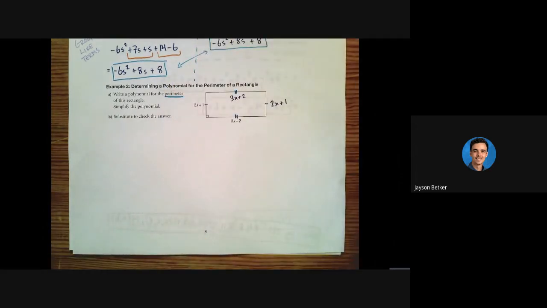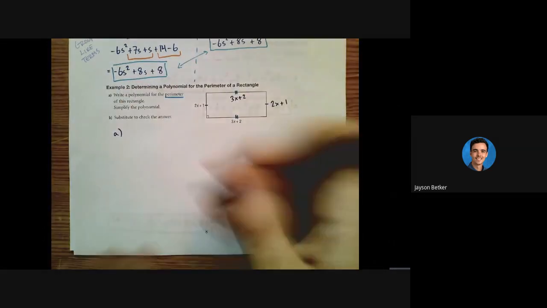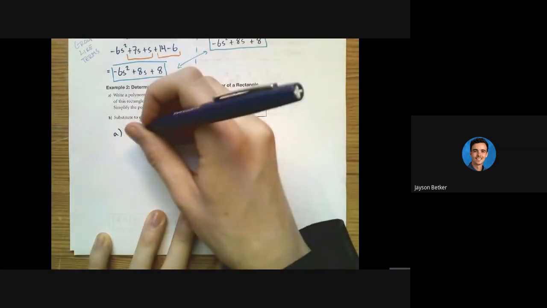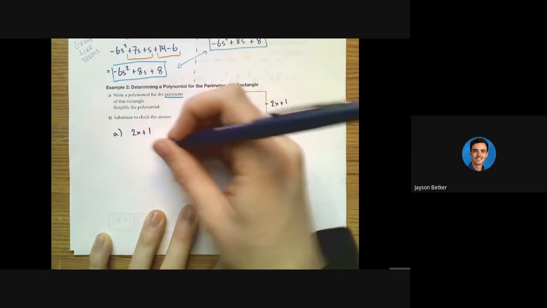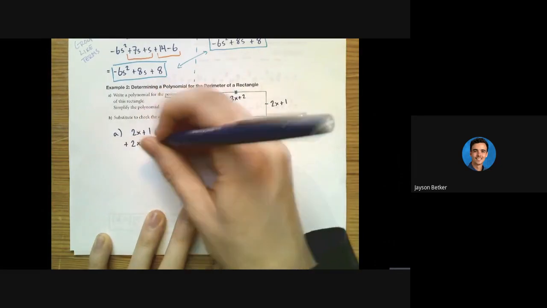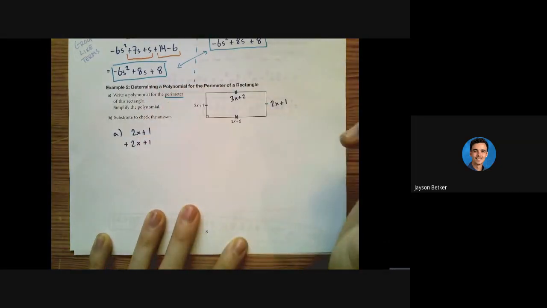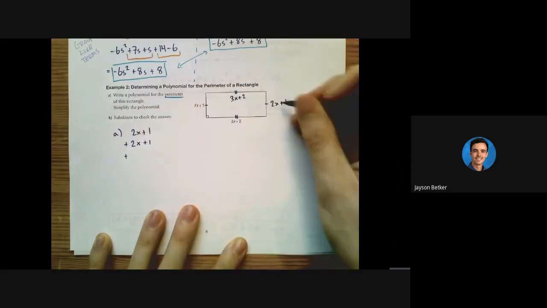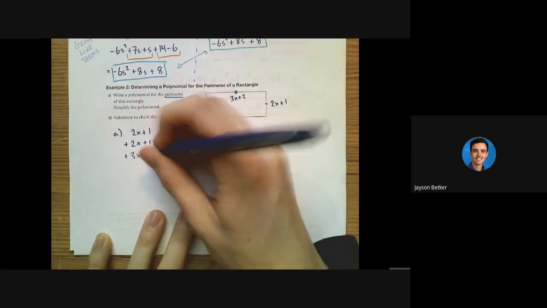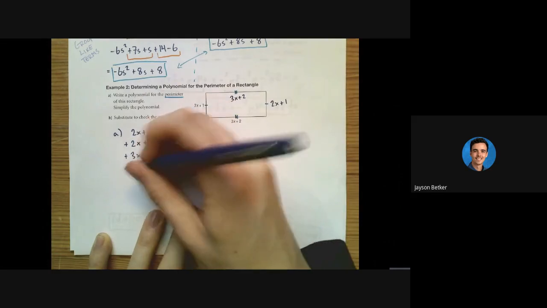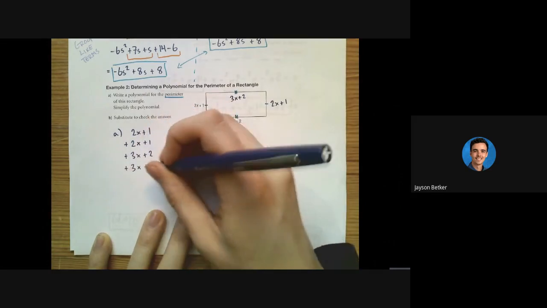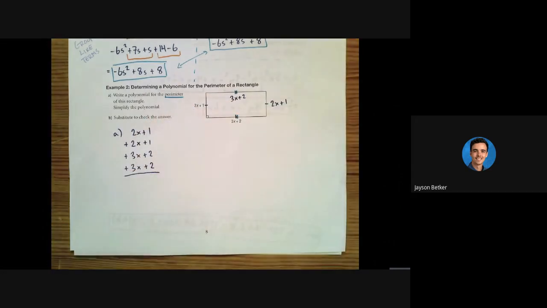So I think the best way to do this would be to use vertical addition. And we would have 2x plus 1 plus 2x plus 1 plus, so that's our two sides, 3x plus 2 plus 3x plus 2. So there's our adding up of polynomials.